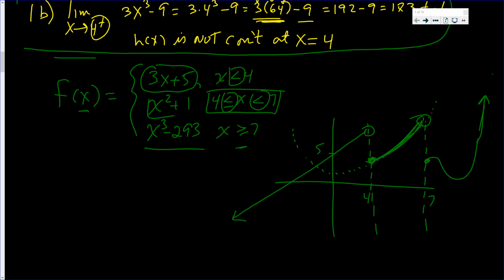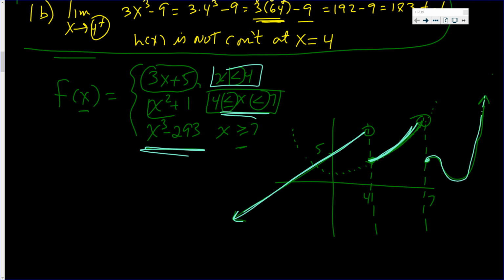Now, everywhere on the domain less than 4, the line is continuous. Everywhere between 4 and 7, x squared plus 1 is continuous. Everywhere bigger than 7, this cubic is continuous. The question is, what happens at 4 and 7? Was I mistaken?